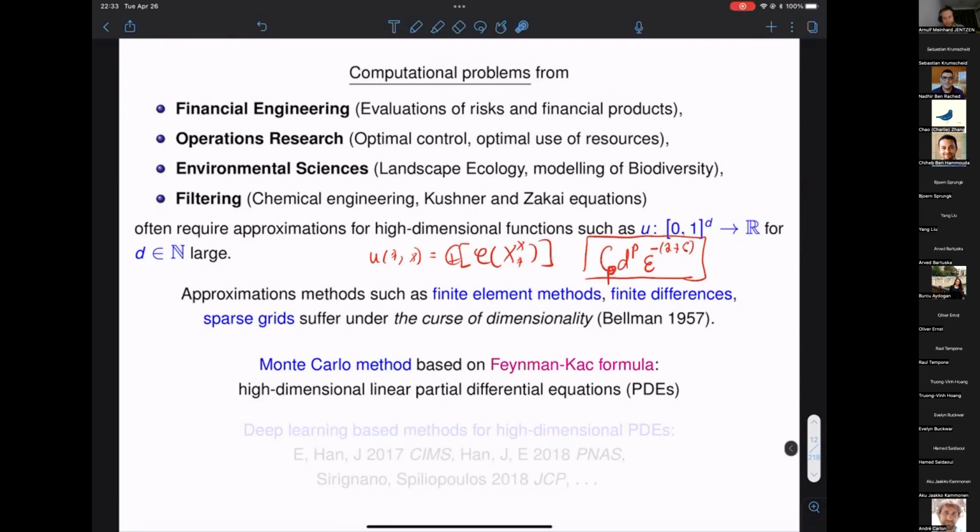Then in 2017, together with Jiequn Han and Weinan E, we proposed a scheme which we refer to as the deep BSDE method, where the idea was to approximate the solution of high-dimensional PDEs, or respectively the derivative of the solution, by means of deep neural networks.